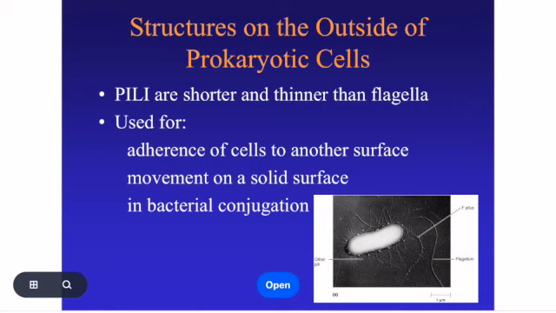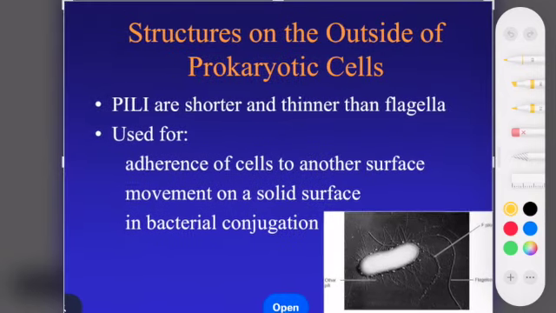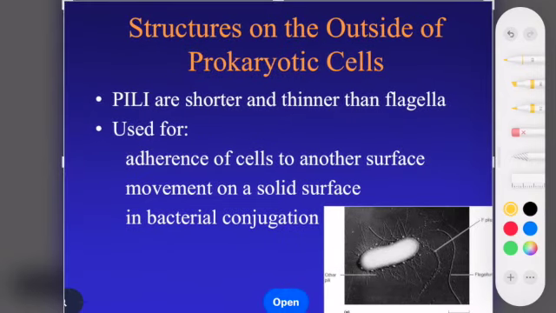All right. Other things are pili. Pili are just basically a smaller version of flagella. If I take a screenshot of this one, you can see some pili here, but if this is a flagella, pili are going to be shorter and thinner.